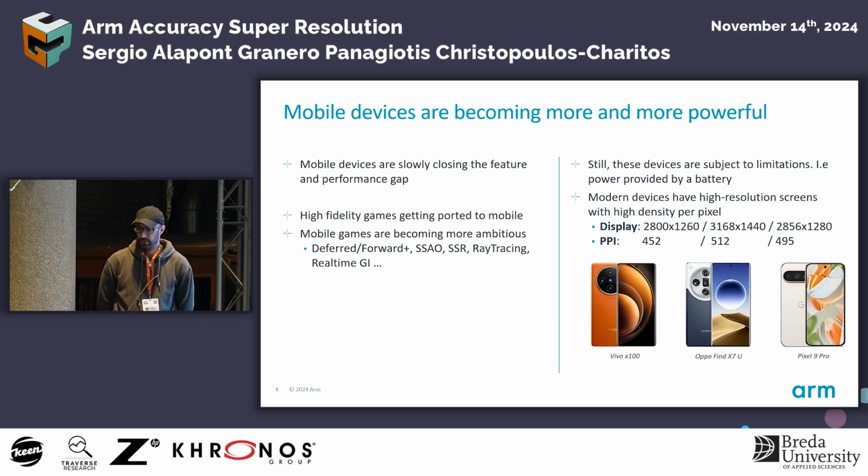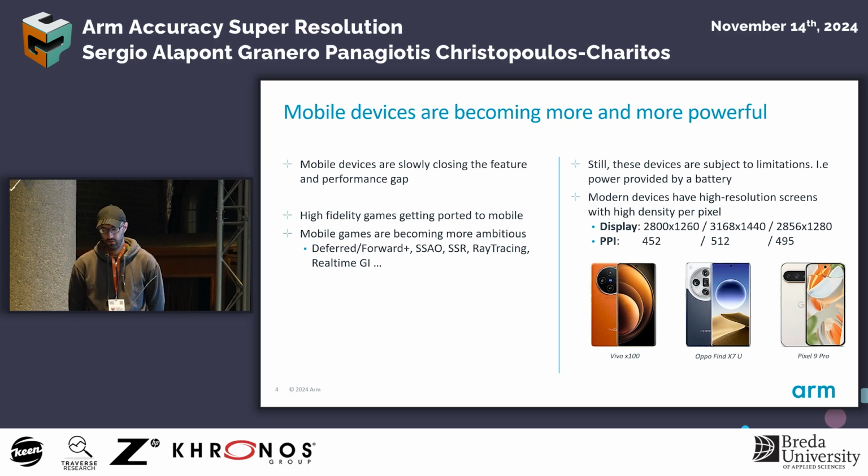So as we move forward, we see mobile devices becoming more capable and slowly closing the gap to large screen compute. New features are getting adopted more quickly, and the performance is slowly converging as well. The result is ports of desktop and console games arriving to mobile, and general mobile games are becoming more ambitious when it comes to graphical fidelity.